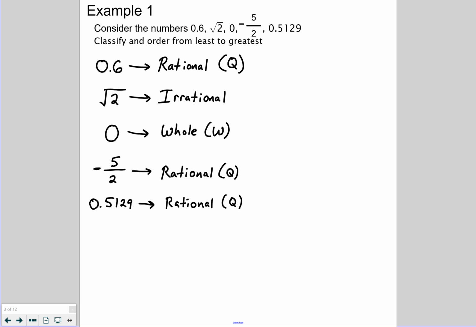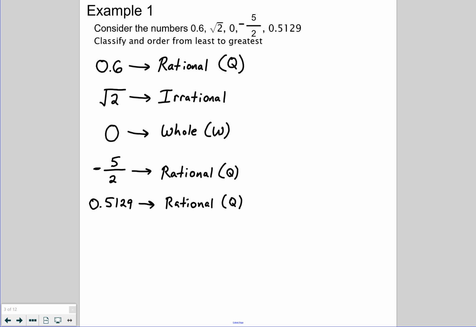Questions on classifying. Yes, Camilla. I thought you said, if it has a pattern, then it's rational. If it goes on forever with a pattern, it's rational. And then it just stops out of the tens, it's rational. But you never said anything if the numbers change.